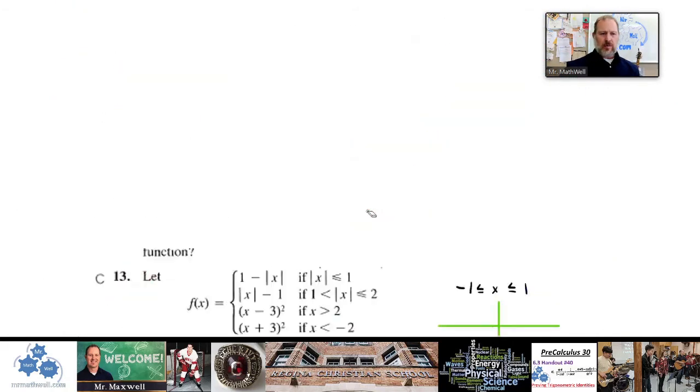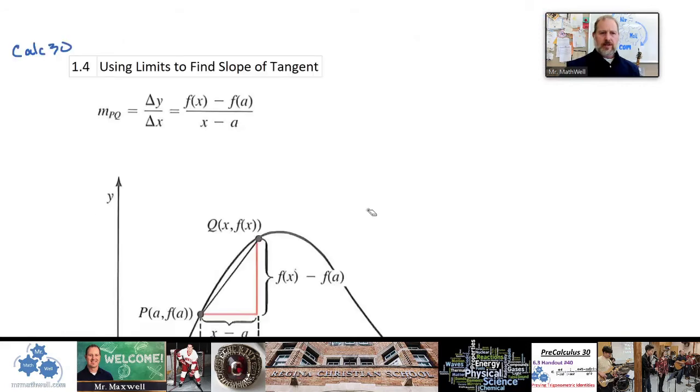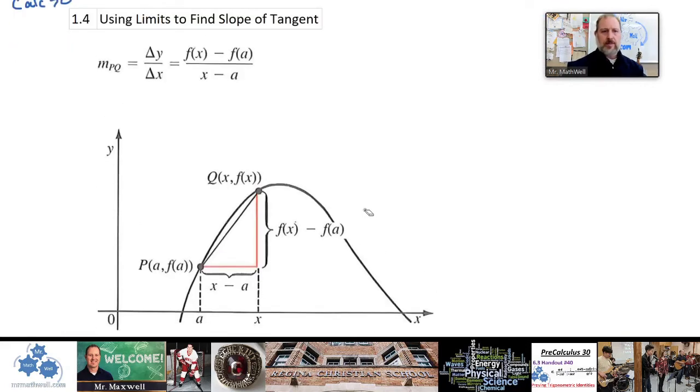So what I want to do here is I want to just take a moment to explain something. So we know how to take the slope of a secant line. And here I have the definition of what a slope is. The slope of line PQ is given by the rise or the change in y divided by the run or the change in x.